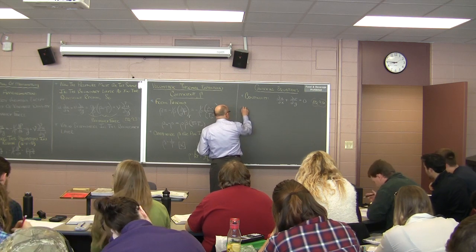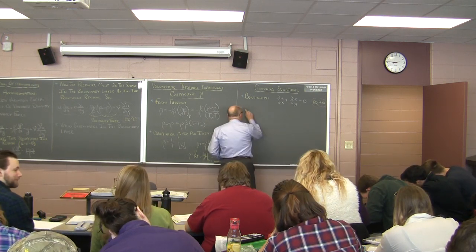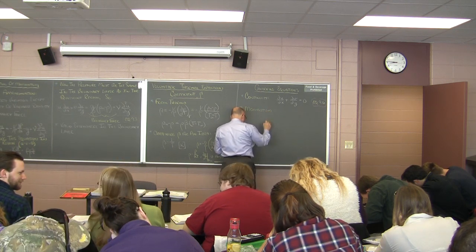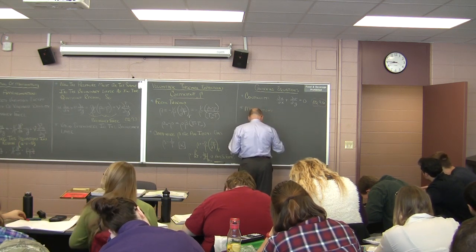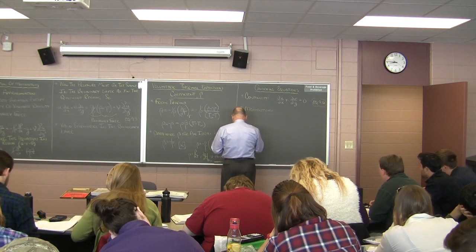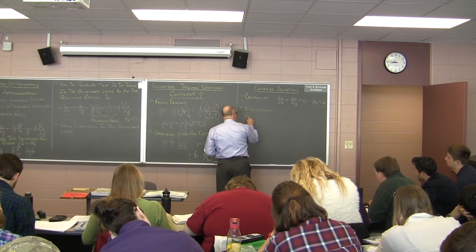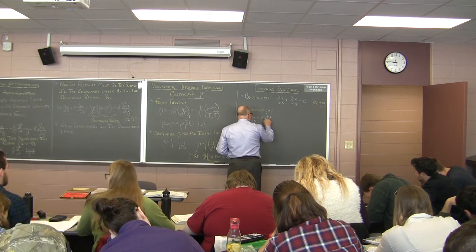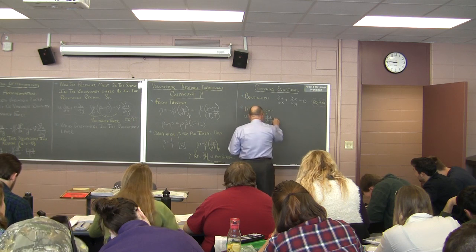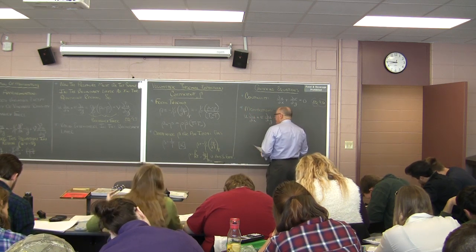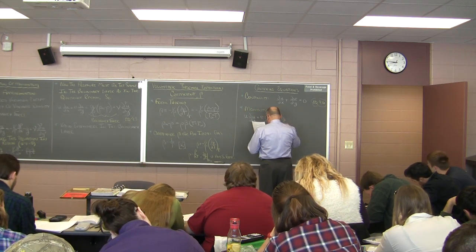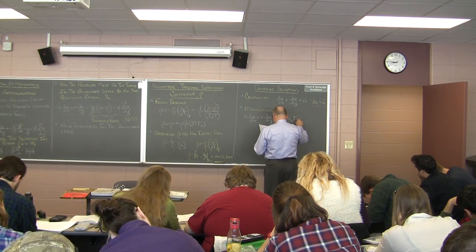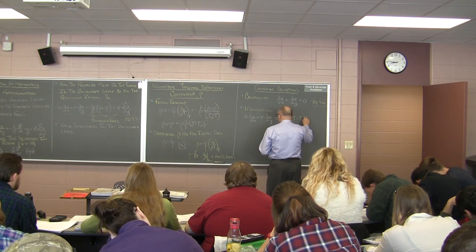Momentum, in the x direction: u times the partial of u with respect to x, plus v times the partial of u with respect to y, is equal to g times beta times (T minus T infinity).